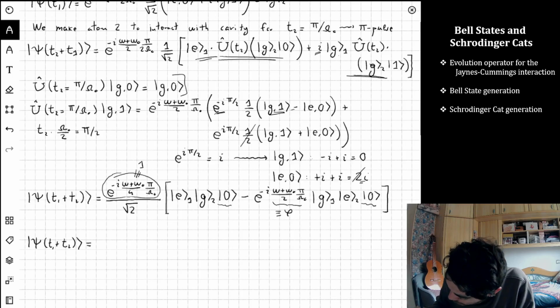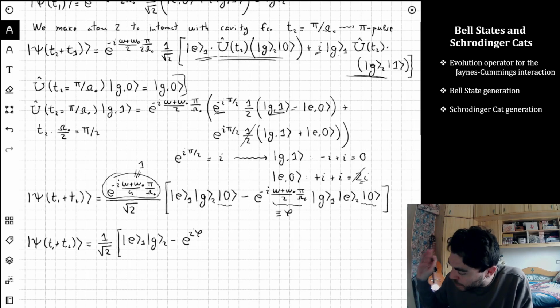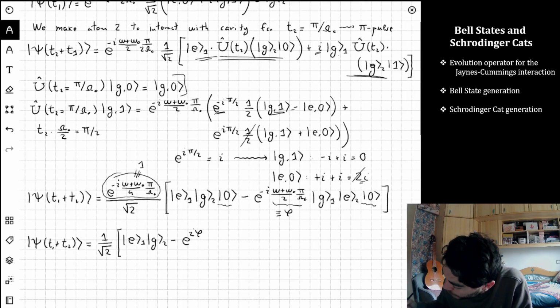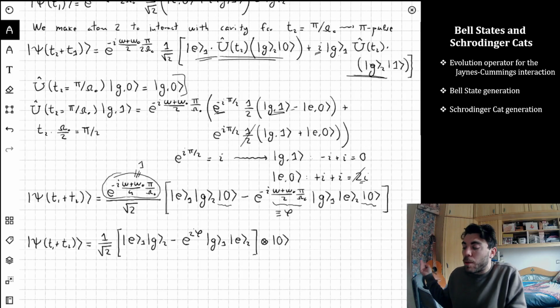In other terms, we can write this as 1 over square root 2 times the state, excited state of atom 1, ground state of atom 2, minus e to the I phi that I just defined. This phase is just a number that depends on the frequencies of the system and the interaction between light and matter, and then the ground state of atom 1 and the excited state of atom 2, and all of this tensor product with the cavity being empty, which is common to any case.